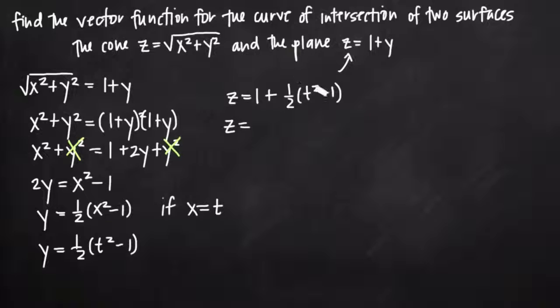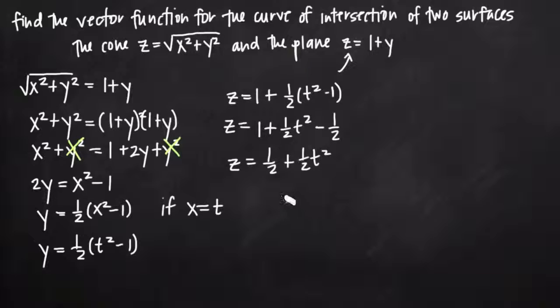Now I just want to simplify this as much as I can. Notice I have z defined in terms of t only, which is perfect. To simplify, I'm going to get 1 plus, and I'll distribute this 1/2 to get 1/2 t squared minus 1/2, because 1/2 times a negative 1 is just negative 1/2. Now I have 1 minus 1/2, which is positive 1/2, so I'll get 1/2 plus 1/2 t squared.